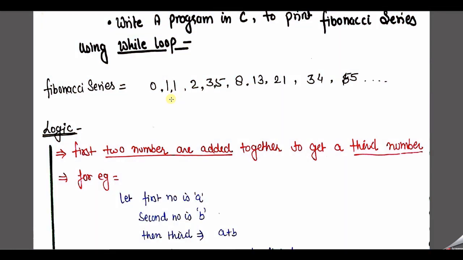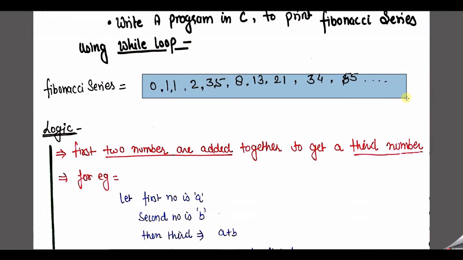So there are two kinds of limitations: either based on the number of terms, or based on the value.